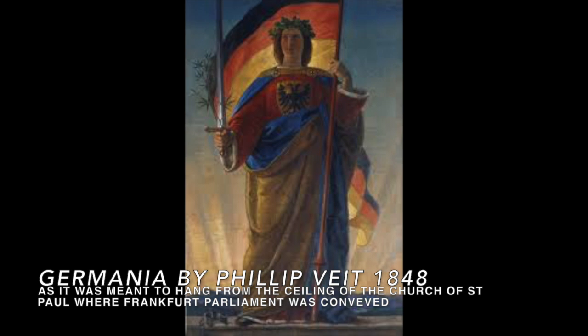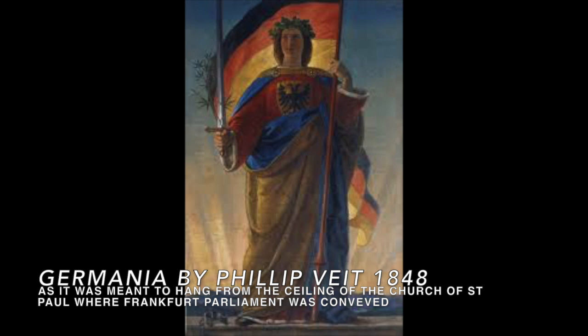The artist prepared this painting on a cotton banner, as it was meant to hang from the ceiling of the Church of St. Paul, where the Frankfurt Parliament was convened in March 1848.